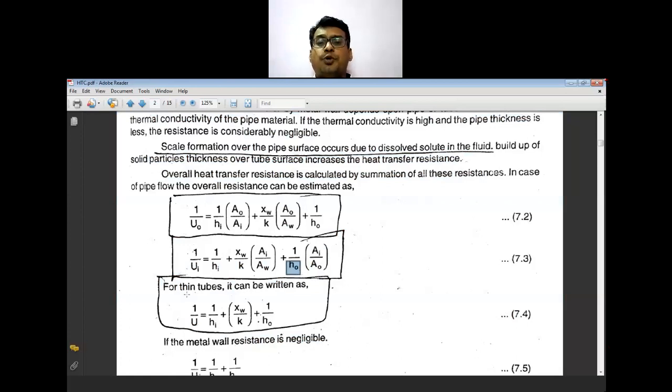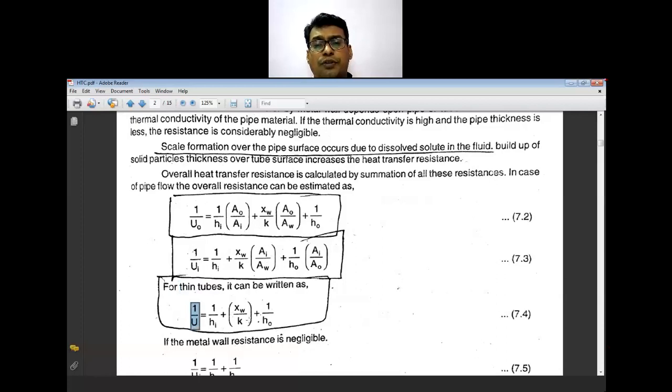And whenever it's a thin tube, that means your wall, outside surface area and inside surface area are not going to vary to a larger extent. So we are considering the overall heat transfer coefficient by eliminating this area correction.